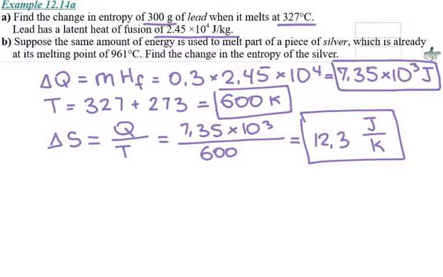For the next part, the same amount of energy was given to melt silver, so how much entropy change would happen in this case?